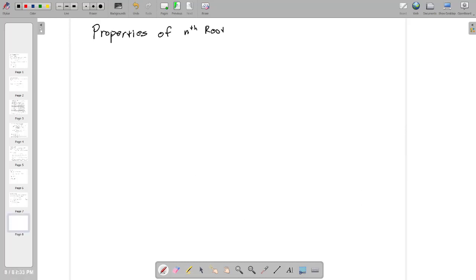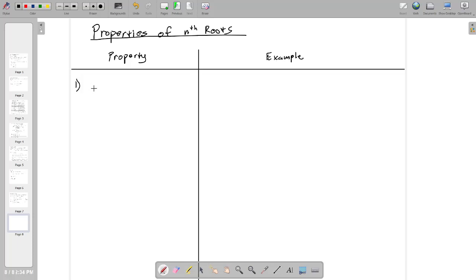Properties of nth roots. Got the property here, and an example. 1. The nth root of a times b is equal to the nth root of a times the nth root of b. This is assumed that n is a positive integer and a and b are real numbers.